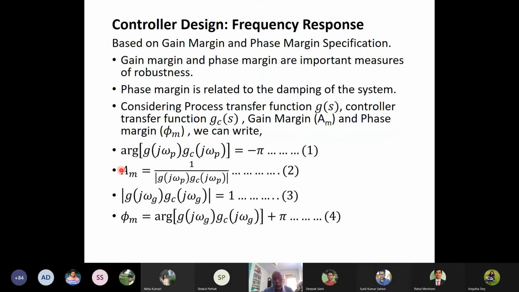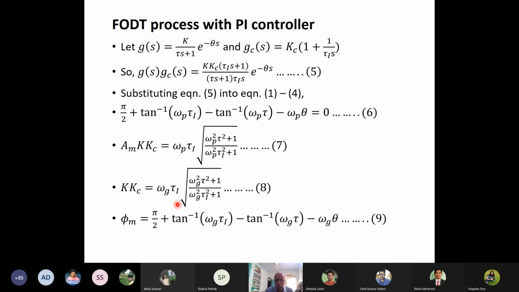We also do not know what is omega_P, the phase crossover frequency. Also, we do not know what is omega_g, the gain crossover frequency. So we have 4 equations and 5 unknowns over here. So these equations we cannot solve directly for a PID controller.